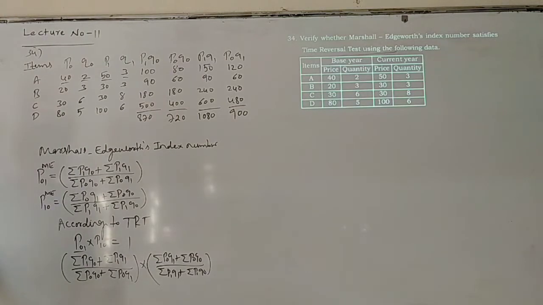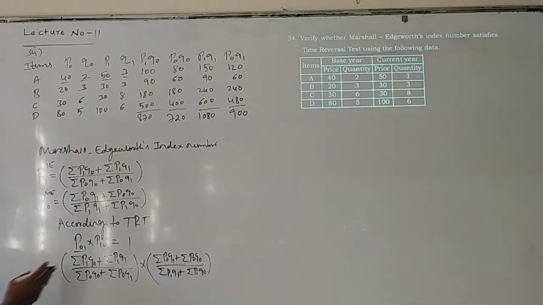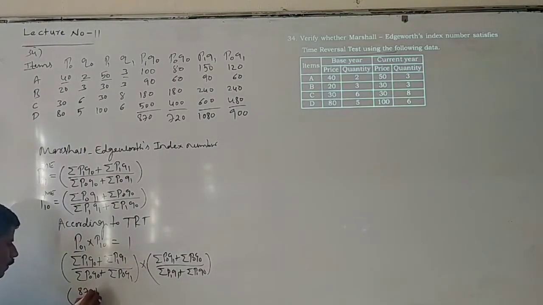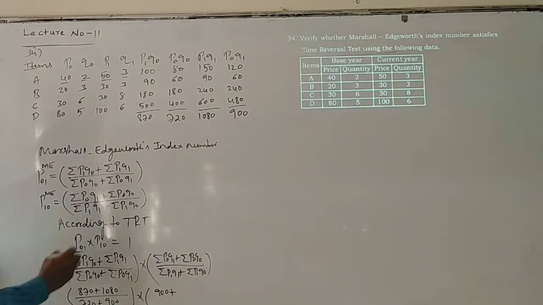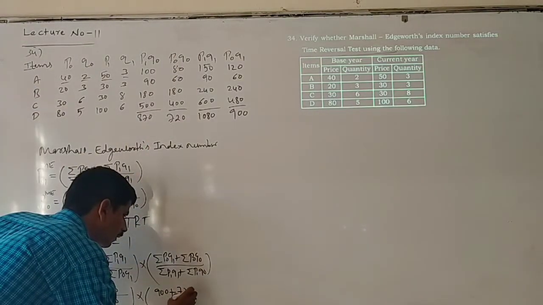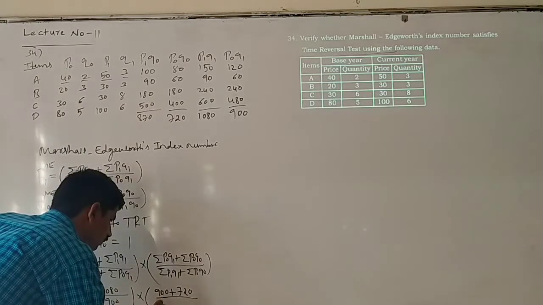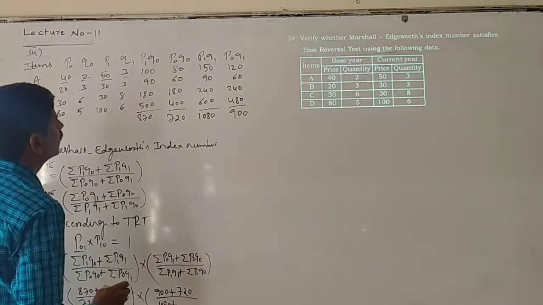Okay, here you have to substitute the values, that is sum of P1 Q0 is 870 plus sum of P1 Q1 is 1080, divided by sum of P0 Q0 is 720 plus sum of P0 Q1 is 900, into sum of P0 Q1 is 900 plus sum of P0 Q0 is 720, divided by P1 Q1 is 1080 plus P1 Q0 is 870.